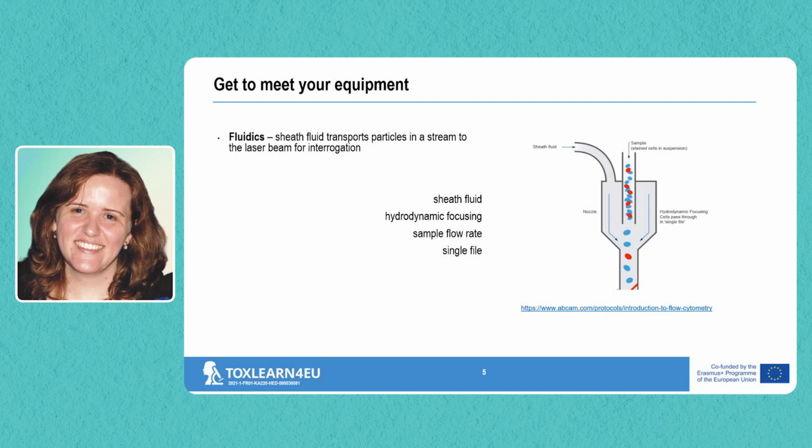Depending on the sample flow rate and the sheath fluid rate, what will happen is what we call the hydrodynamic focusing. And depending on the flow rate, this focusing will be wider or narrower, and that will also have consequences on the number of cells that will pass through this beam at a time.